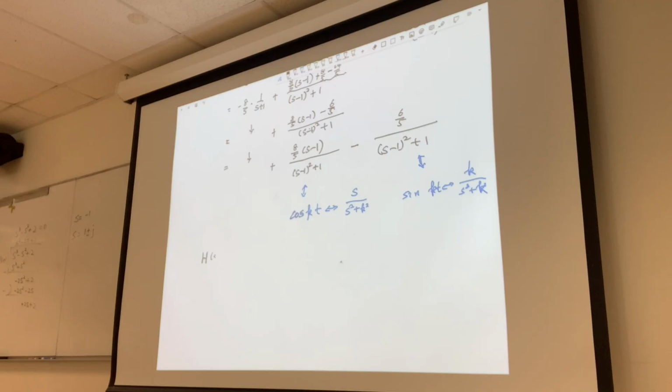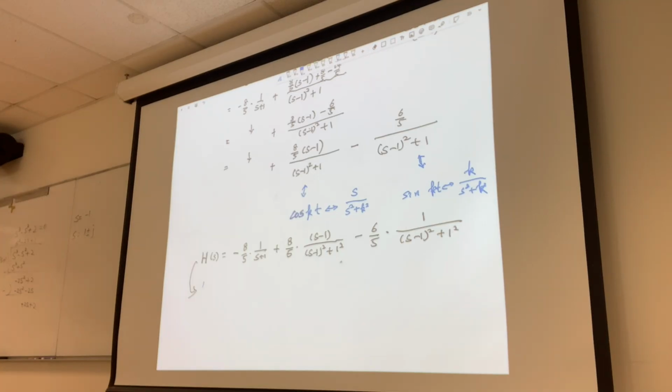Then our H of s equals negative 8 over 5 times 1 over s plus 1, plus 8 over 5 times s minus 1 over s minus 1 squared plus 1, minus 6 over 5 times 1 over s minus 1 squared plus 1, numerator of 1.